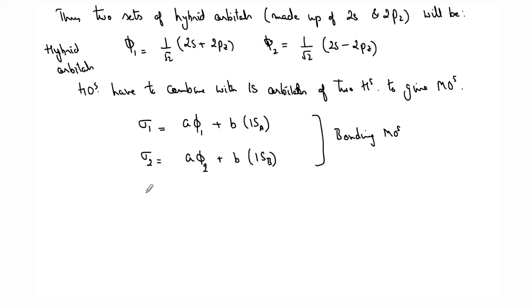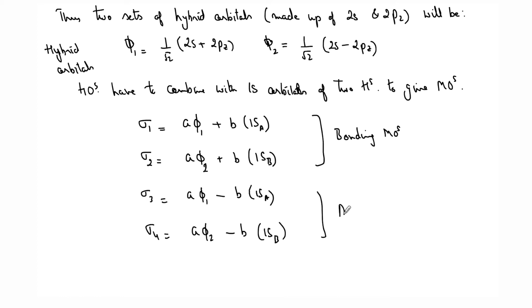Now, if something is combined in plus, then there should also be a minus. Sigma 3 is A phi 1 minus B 1sa, and sigma 4 will be A phi 2 minus B 1sb, right?